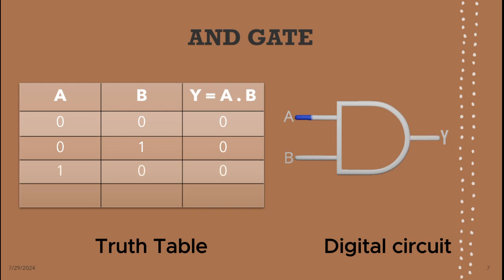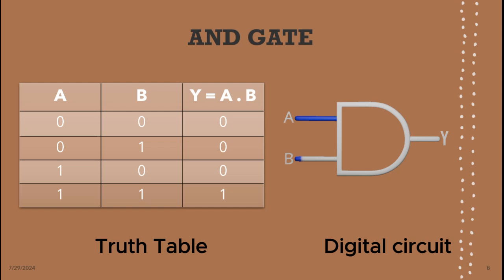On the other hand, if A contains 1 and B contains 0, then the output will remain the same, 0, meaning false. But when we have both keys, when we have both values true, or we can say when we have both values high, then the output would be high. Hopefully you understand the concept.